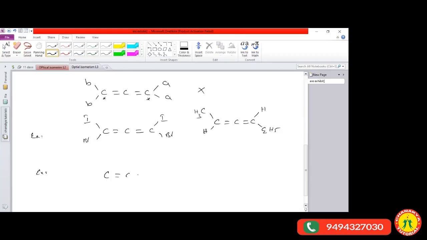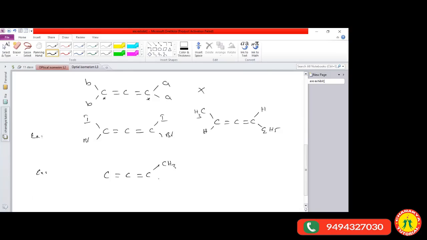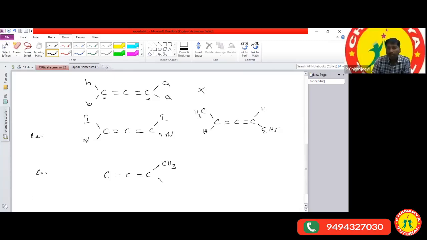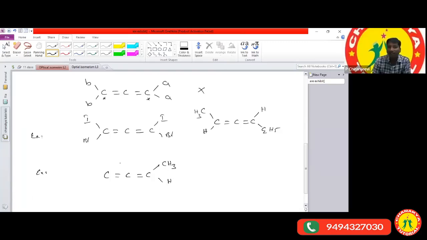Same side, sir? Not on the same side, sir. It should be on the same carbon to exhibit optical isomerism. Of course, they may be present on the same side, but how are we telling they are on the same side? They are not on the same side.